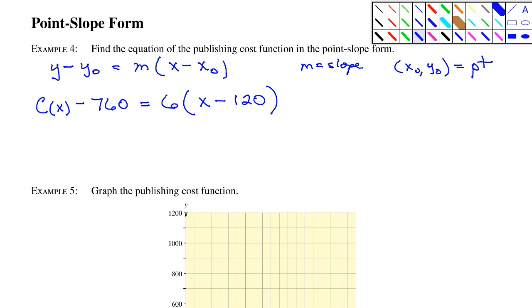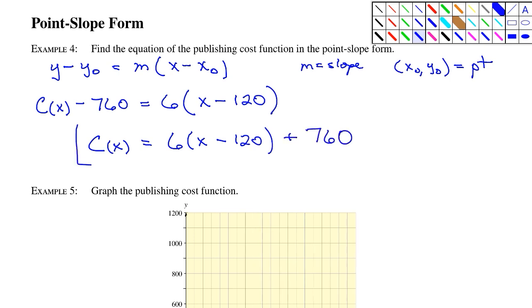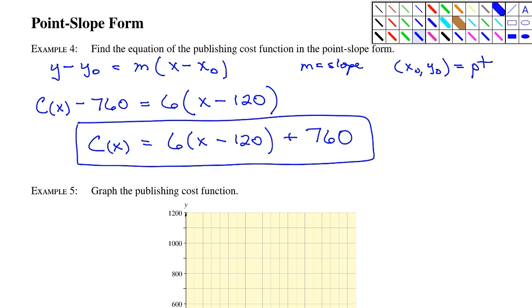Now this technically is in a point-slope form, but this is usually not the form we leave it in. We do one minor simplification, and that is we move the 760 to the right side, and then we leave that. Now, if you were to keep working this out and simplifying it as much as possible, you would just end up with the slope-intercept form from above.